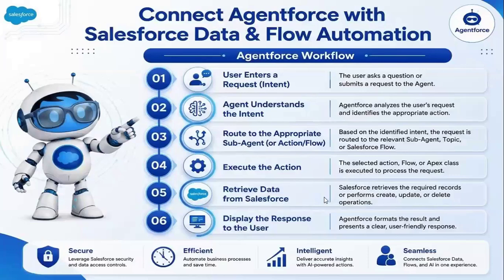We can create, update, search, or perform different types of operations. Then we have to display the information to the user. Based on the user input, we pass the request and display that information to the user. So Agentforce presents the result as a clear and user-friendly response.